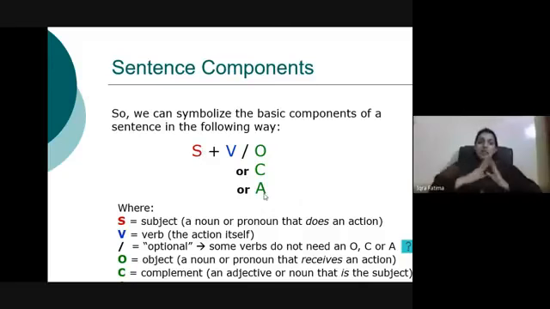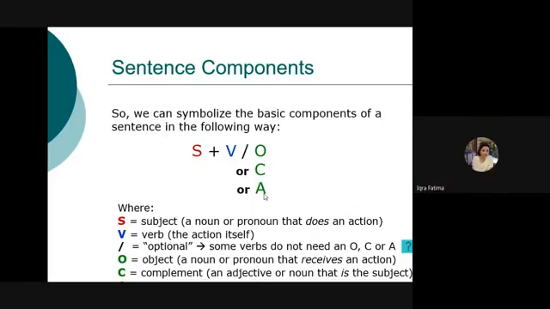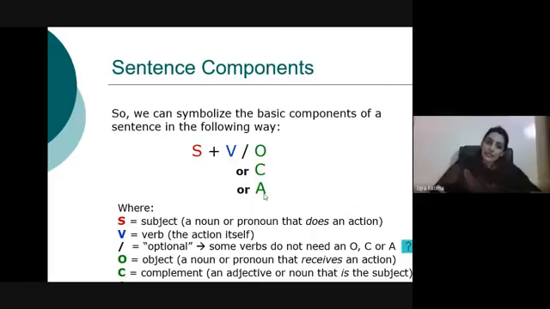So subject and verb, these two things are compulsory for a sentence. Okay? She ate. Subject and verb, a complete sentence.